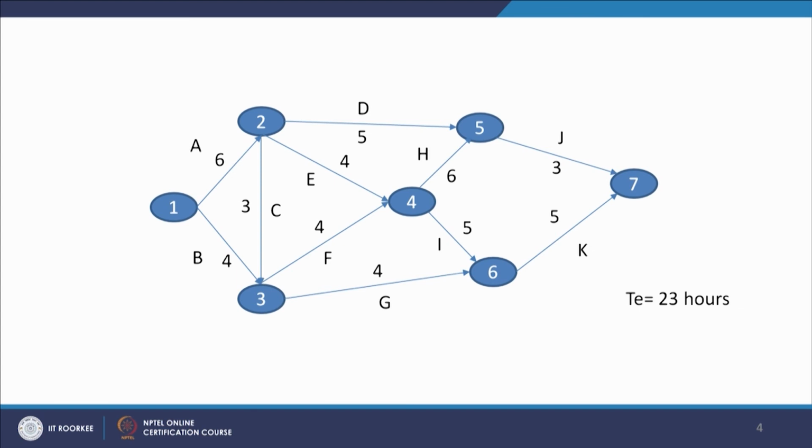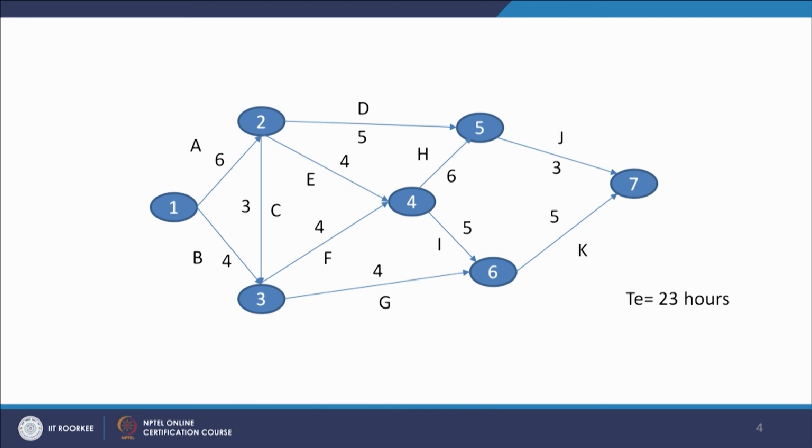Here we can see our expected duration for the project is coming out to be 23 hours. Let us see how we can arrive at this value. Path 1, 2, 5 and 7: 6 days plus 5 days plus 3 days, that is 6 plus 5 is 11 plus 3 is 14.